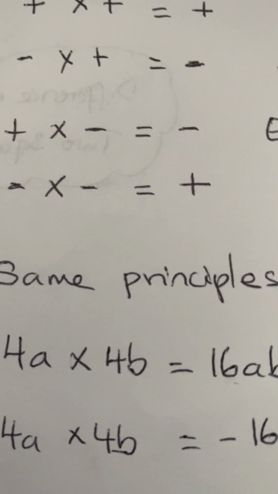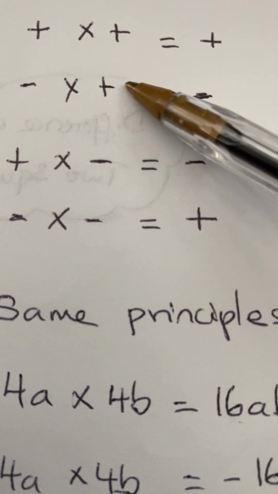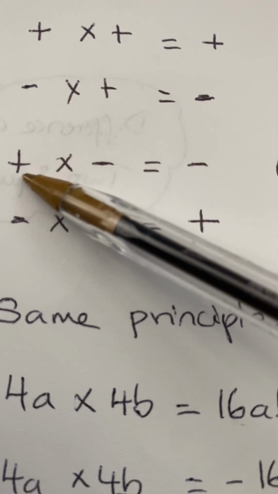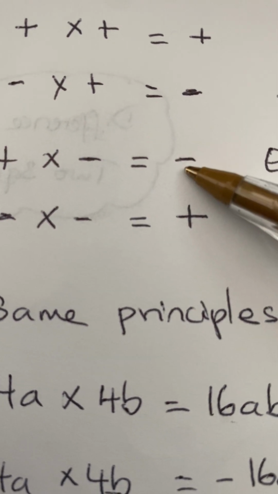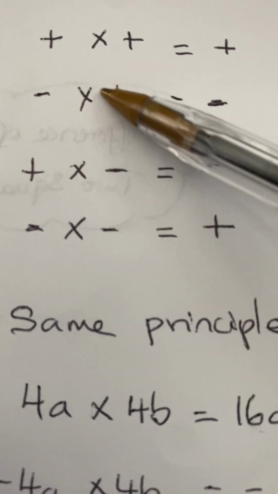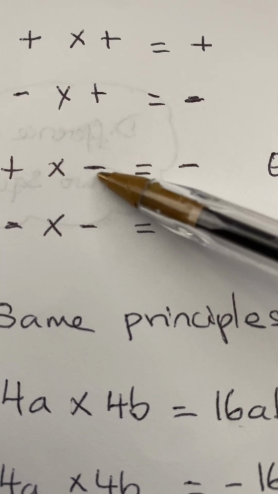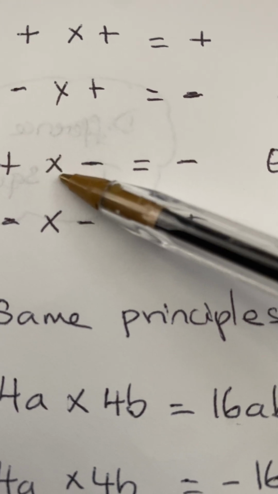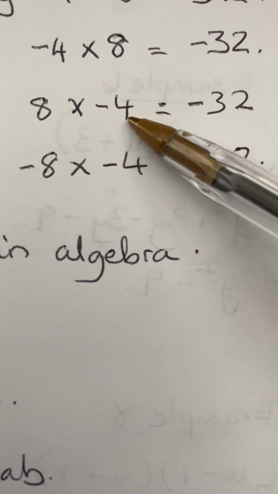So whether the negative is first or second, you will still get negative, as long as one of the variables or numbers is negative and you are multiplying. So in this example, 8 times minus 4 is minus 32.